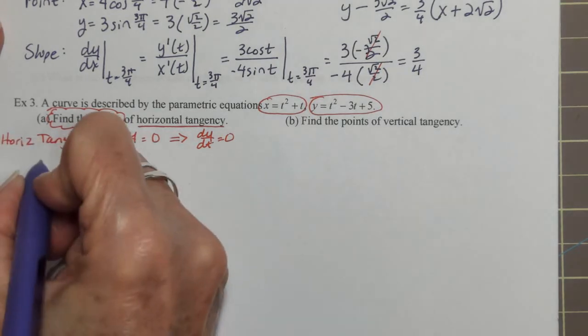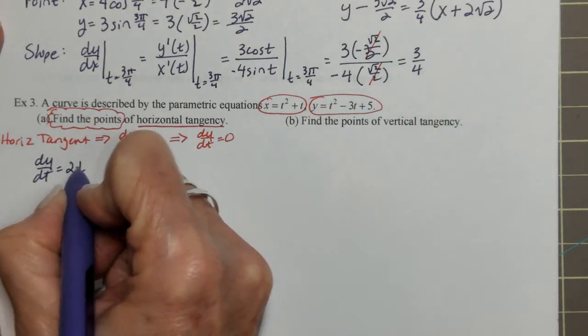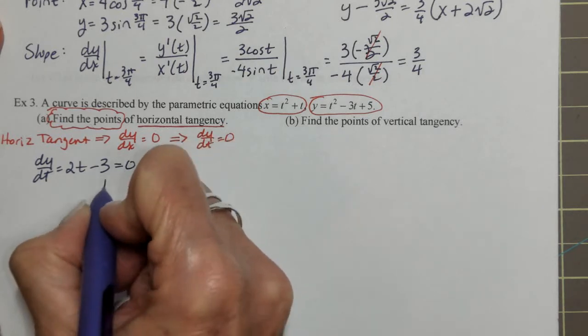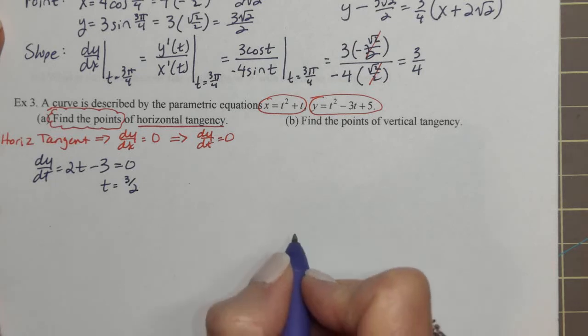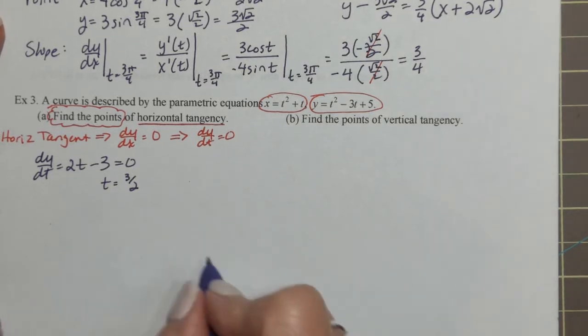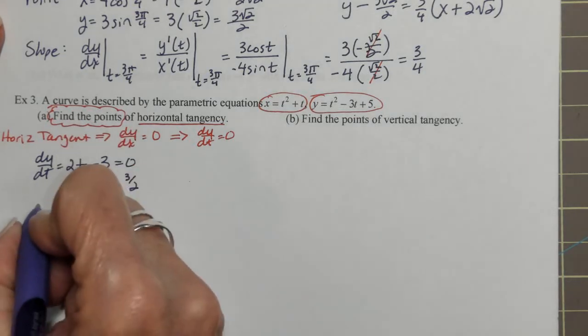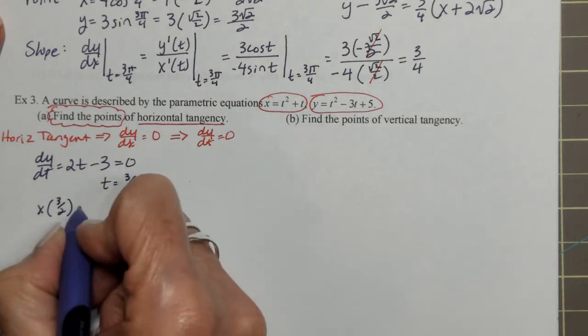So dy dt is 2t minus 3, which is 0 when t is 3/2. Okay? So we know the time when we have a horizontal tangency. We need the points. So we need x at that value and y at that value of time.